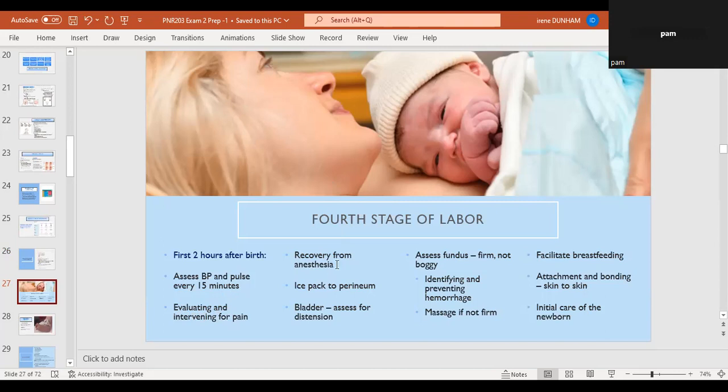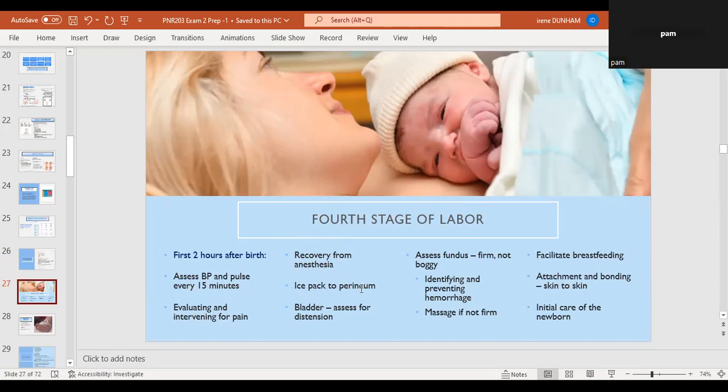And she's recovered from anesthesia. So, from either epidural. If you got an epidural, folks, you don't get your patient up right away. You have to assess if she's able to get up and hold herself up. Okay, so you're going to be testing to see what kind of feeling sensation she's getting back.